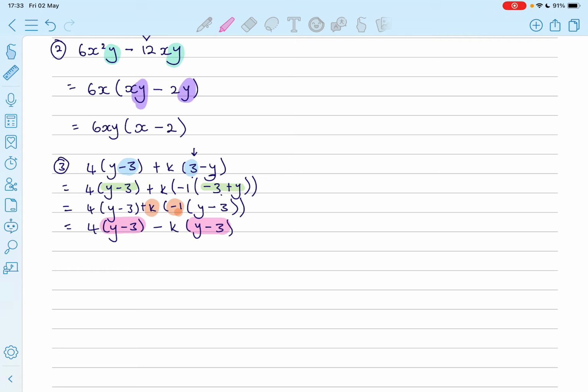So now that is the common factor we're going to take out. So we're going to take out y minus 3 and then open a square bracket. And then when you take out y minus 3, you're left with 4. And here you're left with k. Close our square bracket. So now we can just convert to round brackets. And you see that we are done.